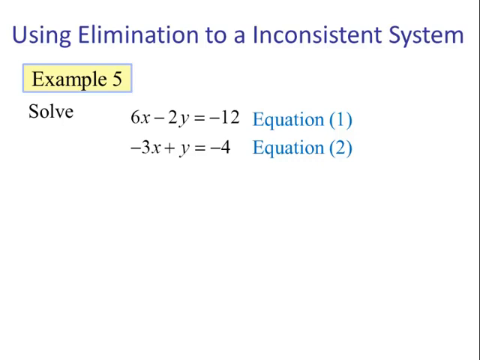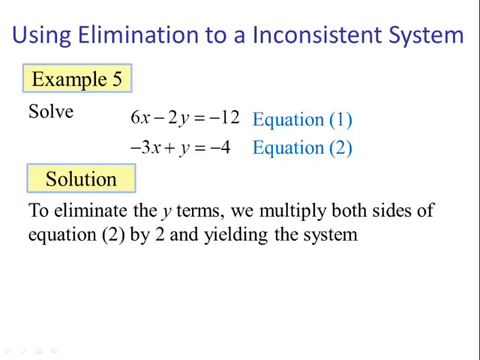Example 5. Solve 6x minus 2y equals -12, -3x plus y equals -4. To eliminate the y terms, we multiply both sides of equation 2 by 2, yielding the system 6x minus 2y equals -12, the first equation, and the second equation will become -6x plus 2y equals -8.